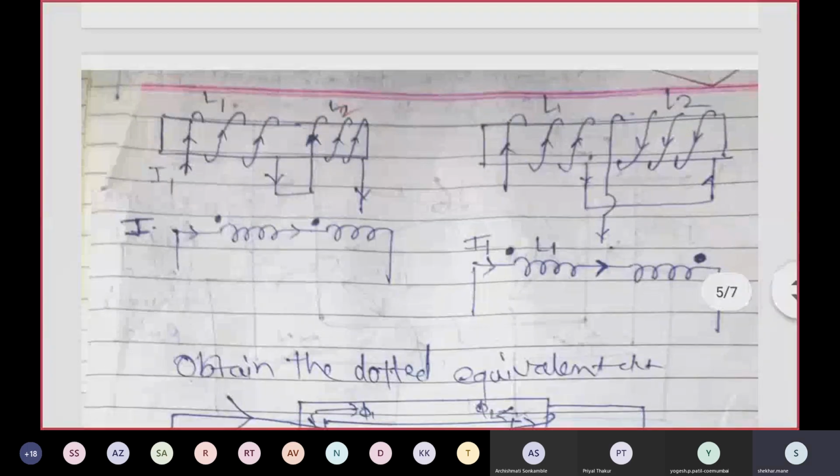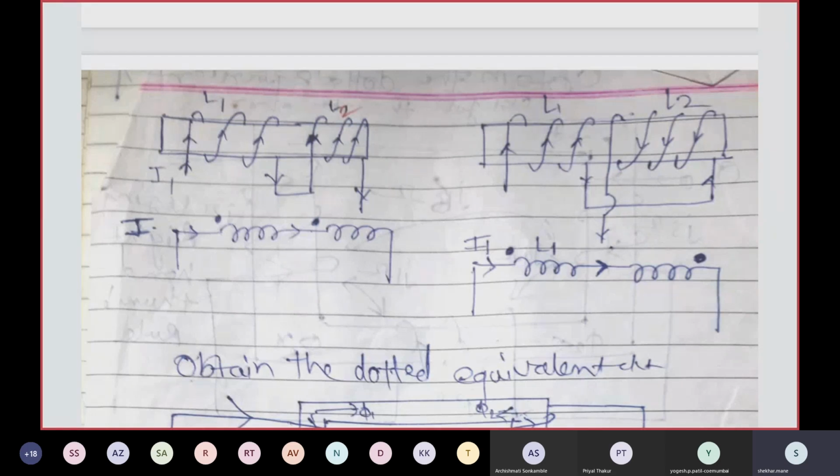Just below that, the representation of the above core with winding of the coils can be shown with dots. On the right hand side, the direction of current is different in L1 and L2.